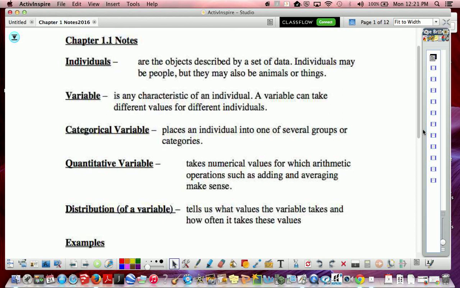And we can collect all that data on students. The students are the individuals. Now the individuals don't have to necessarily be people. They could be some sort of objects. I know it says animals or things. I think in one of the examples, it's going to be about cars.